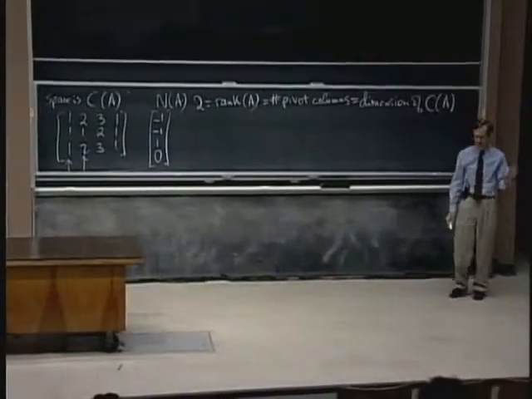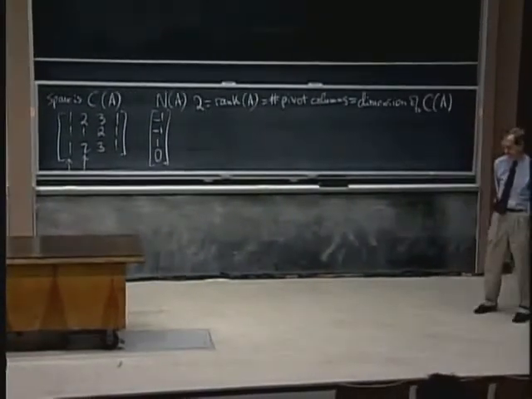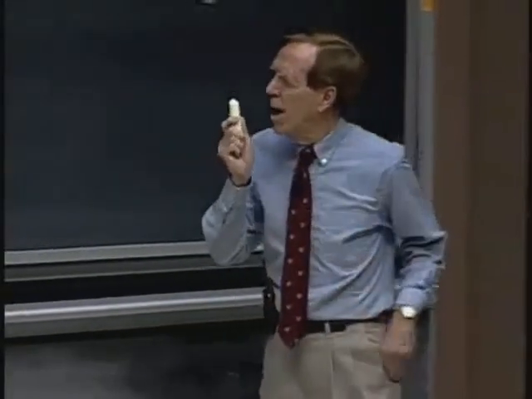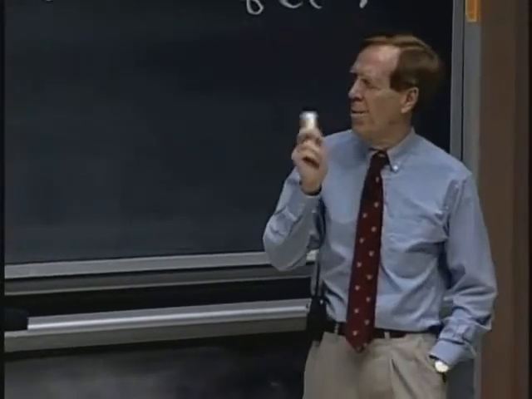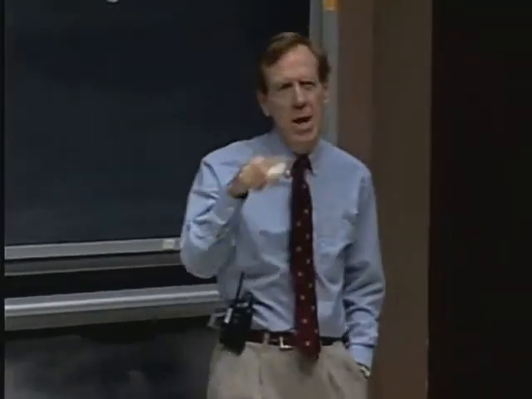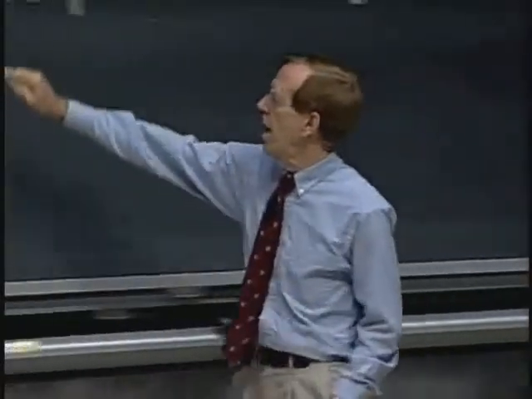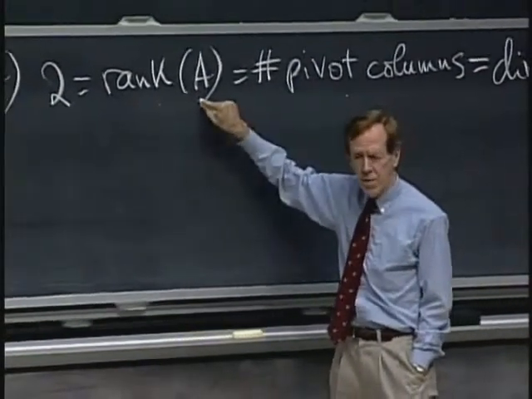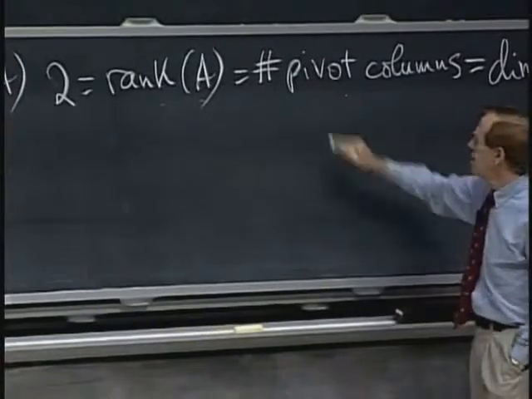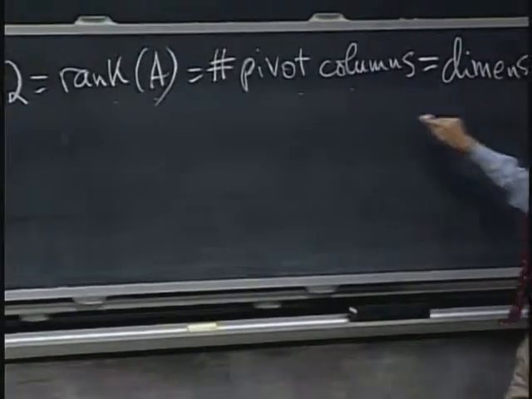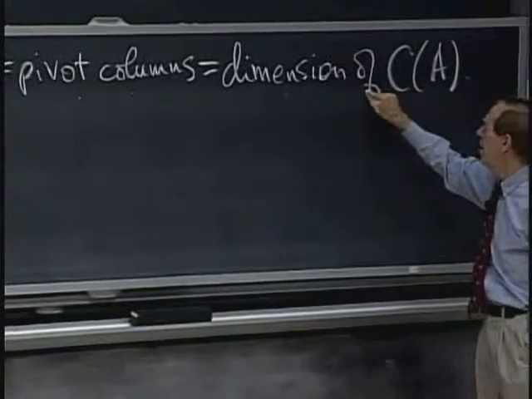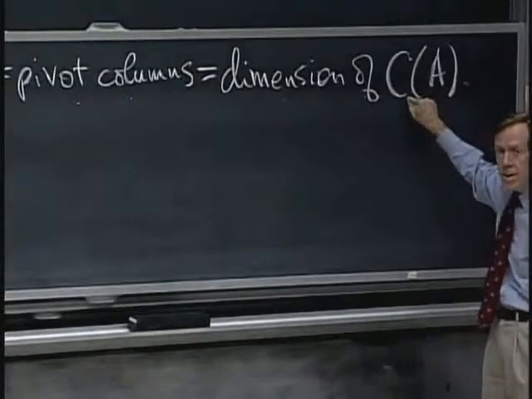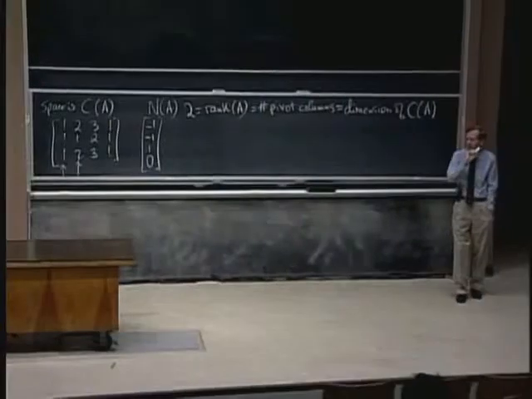Of course, you say. It had to be. Right. But just look for one moment at the language, the way the English words get involved here. I take the rank of a matrix. The rank of a matrix is the number of columns, and it's the dimension of, not the dimension of the matrix, that's what I want to say.